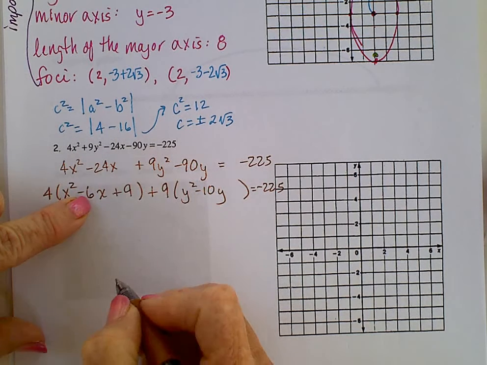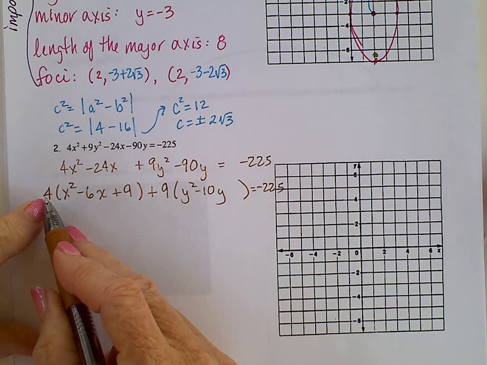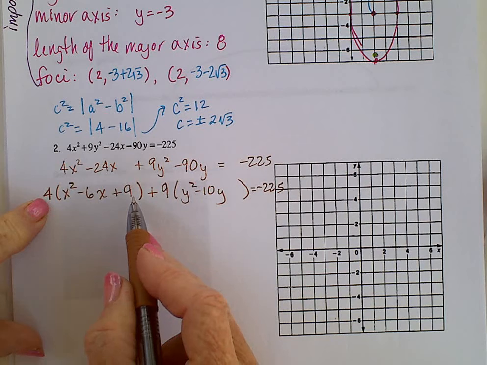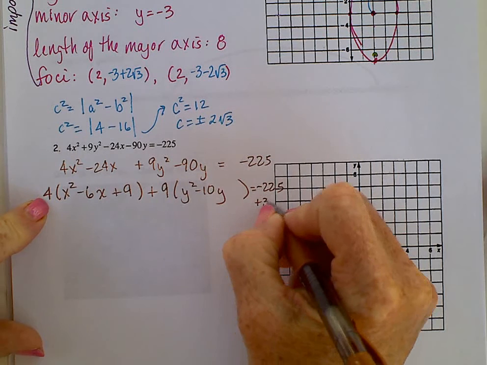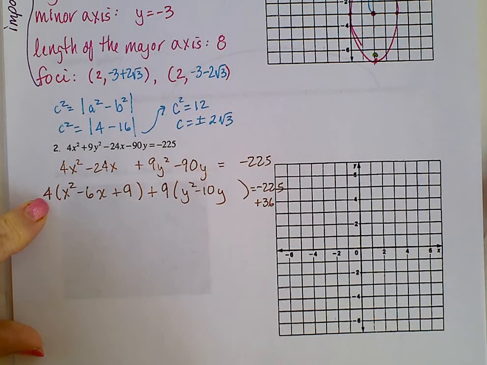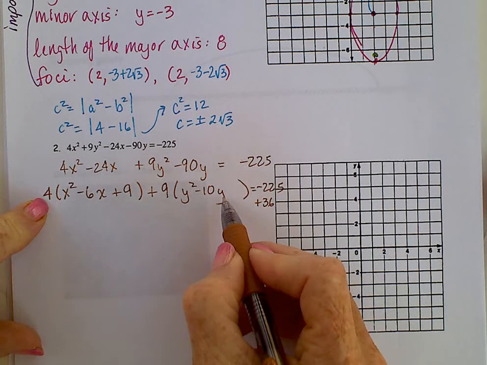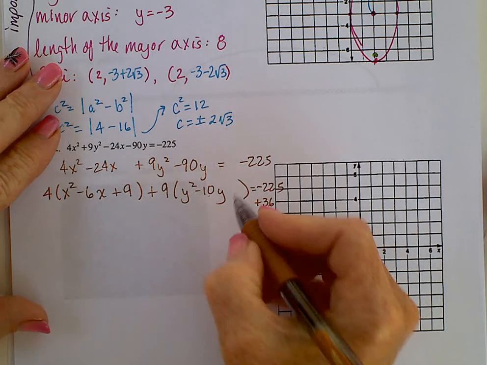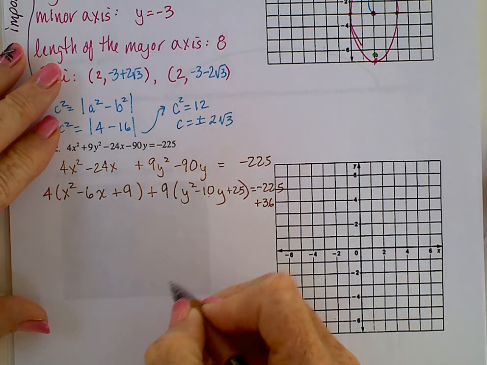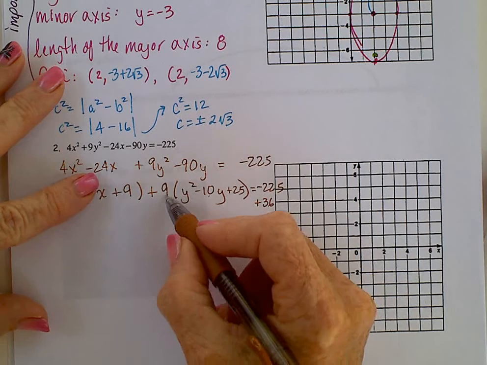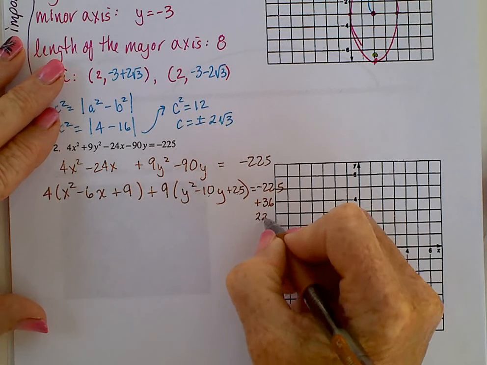But we really added 4 times 9 to the left side, so we will have to add 36 to the right side to keep the equation balanced. Here, half of 10 is 5. 5 squared is 25. So we'll have to add 9 times 25, which is 225.